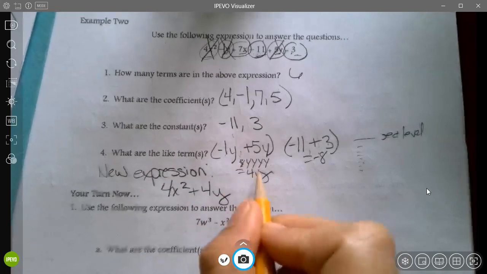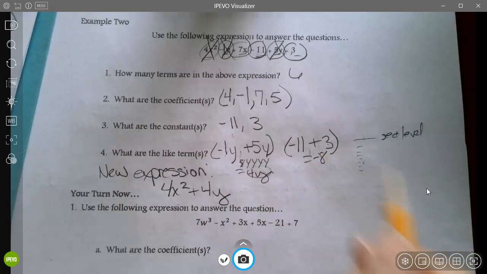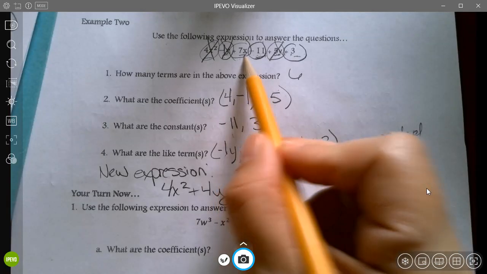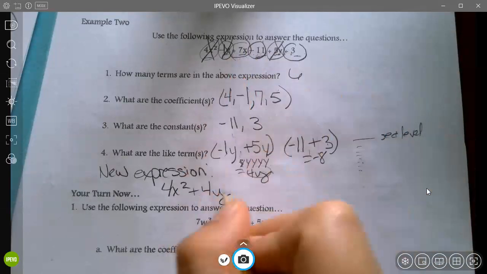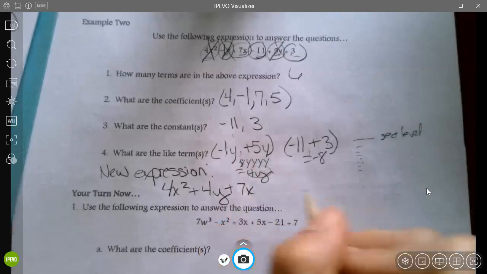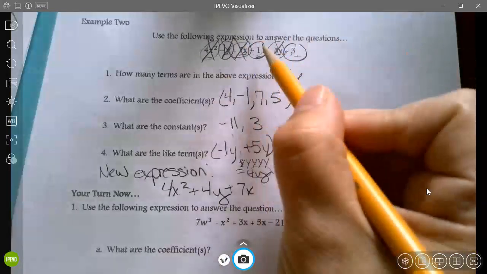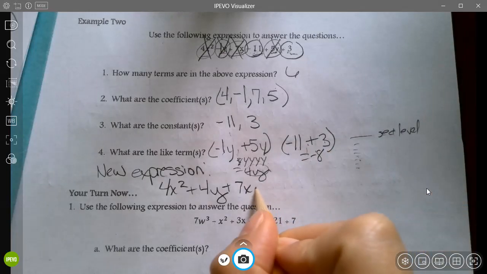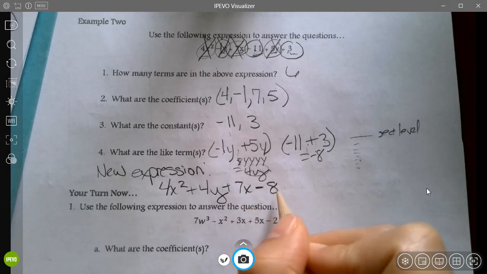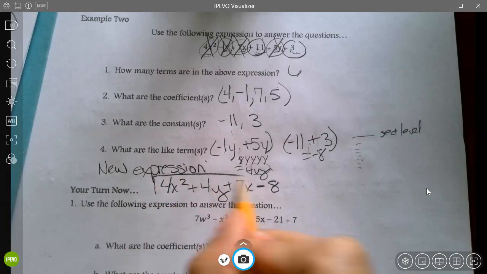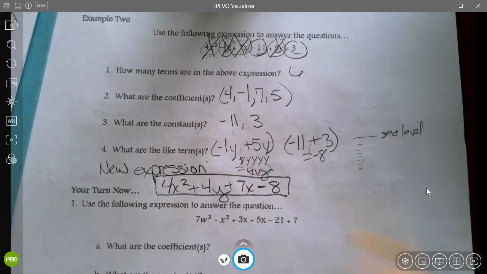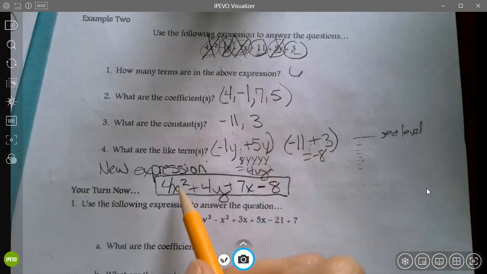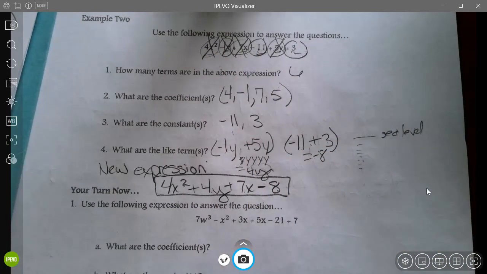So I'm just going to go ahead and write that 4y. Now my x to the first power did not have a like term, and it's a positive 7x, so I'm going to put 7x, cross those off. And then these were like terms right here, and it gave me a negative 8, so I'm going to write subtract 8. And here is my new expression. I went from 1, 2, 3, 4, 5, 6 terms to 1, 2, 3, 4 terms.